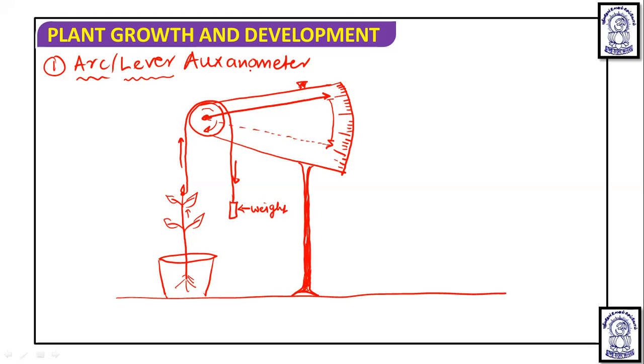So this arc auxanometer will help us in measuring increase in length, and it will look like this. But one modified one is the Pfeffer auxanometer that we are going to discuss here.